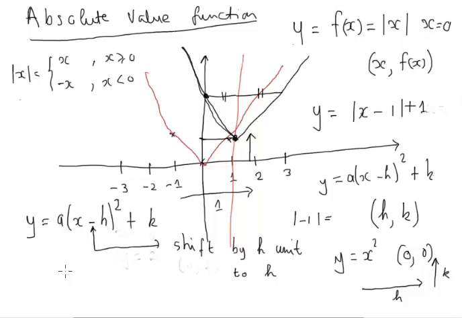Then the question comes, what happens now if I've got a parabola given as a(x plus h) squared plus k, which is exactly the same thing? I would like to reveal my word, shift by h units.